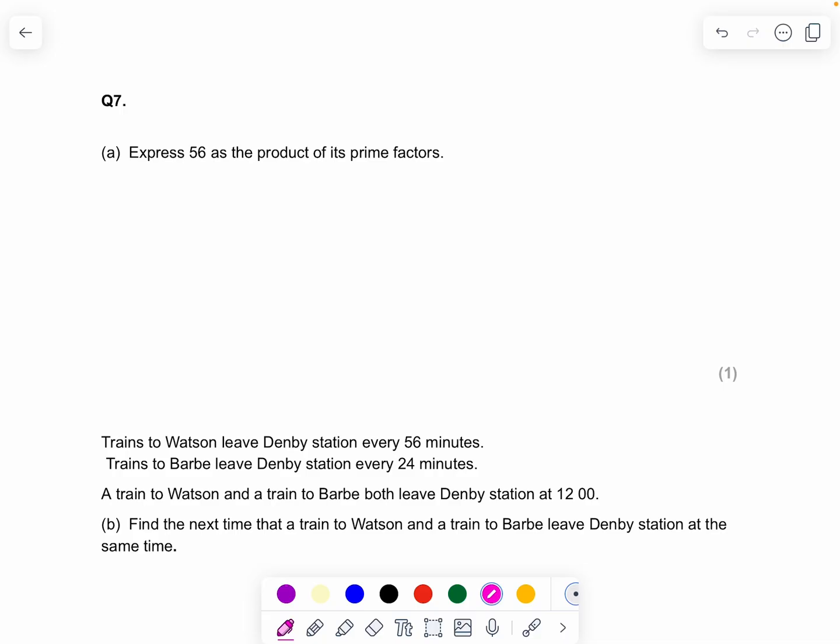Write 56 as a product of its prime factors. We've done this many, many times before. Get out your prime factor tree. So 56 is 7 times 8, and we circle any of the prime numbers. Remember, your prime numbers are 2, 3, 5, 7, 11, 13, 17, and so on.